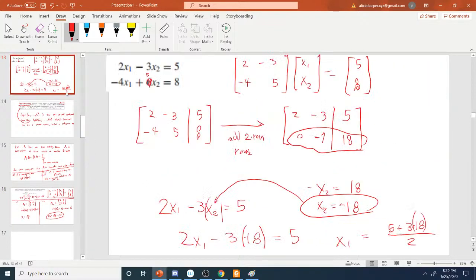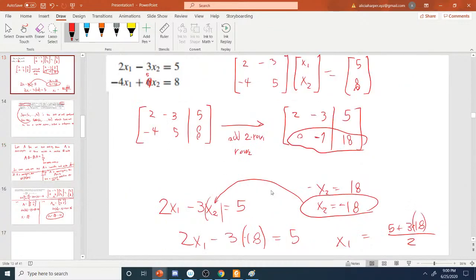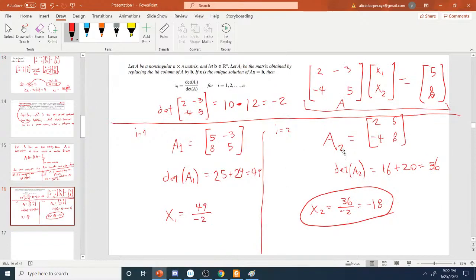And you can also check that 5 plus 3 times 18, wait a second, 5 plus negative, oh no, okay, it does work out to be correct. So this answer x1 agrees with the x1 we got before as well. This is how we can use Cramer's rule to solve linear systems, Ax equals b.